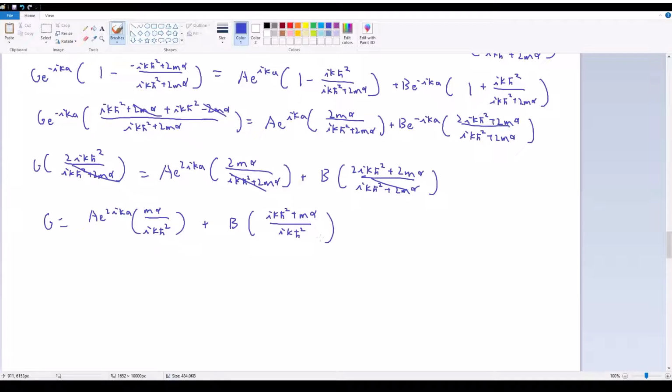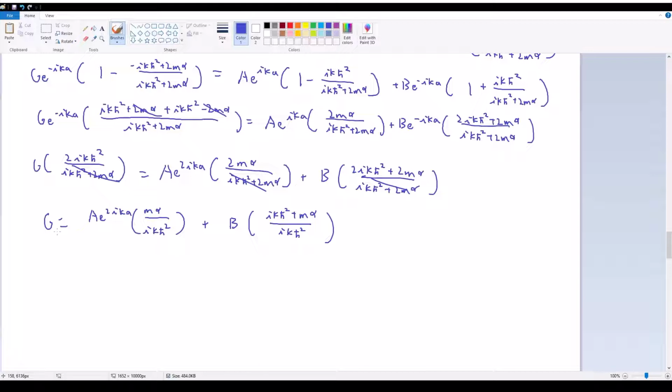So at the end of the day, let me just double check that this is correct. This is going to be m alpha e to the 2 ika over ik h bar squared. Yeah, this one's right.